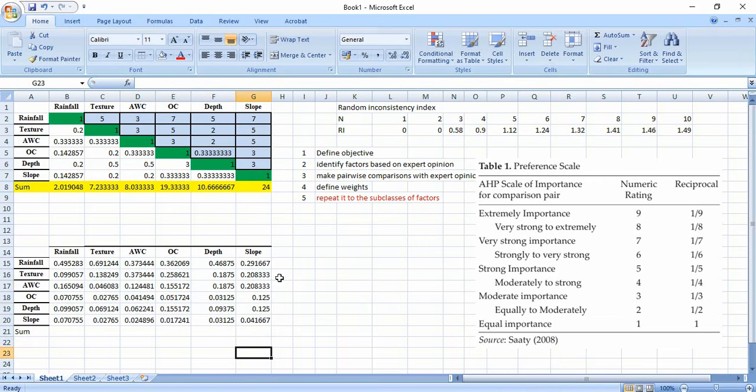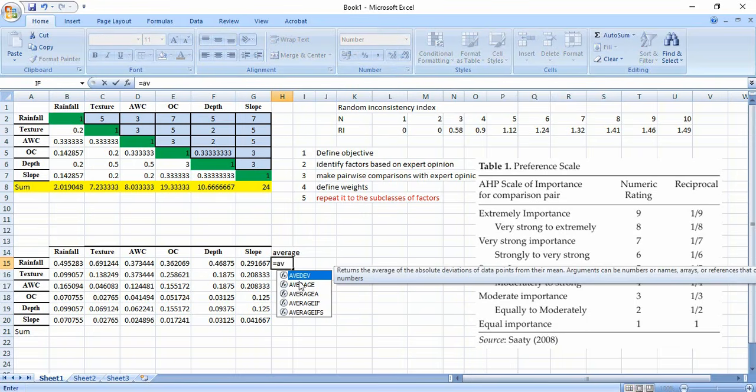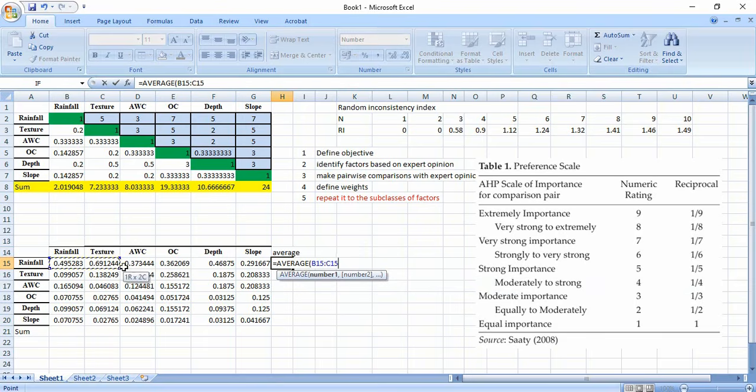After doing this, you have to add one more column, average. So directly you can write average of all these.